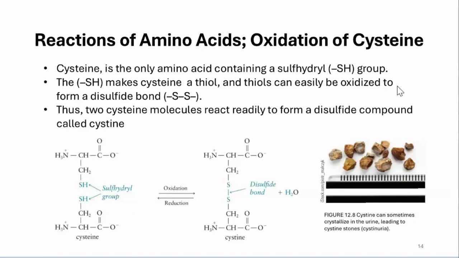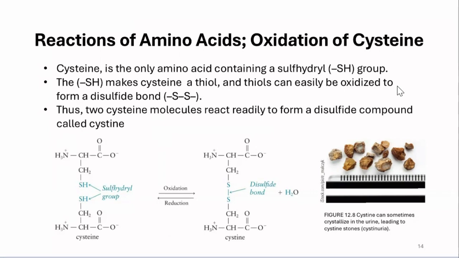The next reaction of amino acids is going to be an oxidation reaction. Specifically, the side chain of a cysteine amino acid can undergo oxidation.